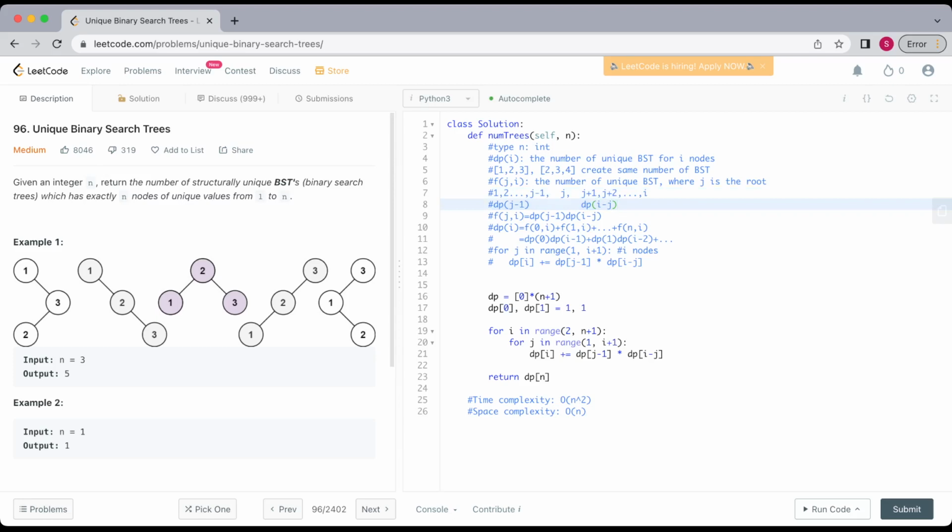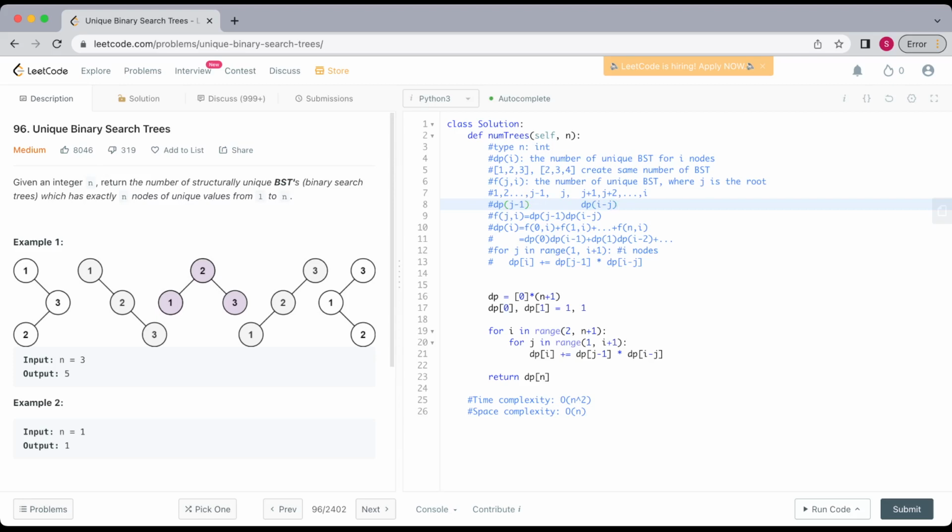Firstly, if we fix one left subtree, then we can have dp[i minus j] choices to form the entire binary search tree. For any left subtree structure, we have dp[i minus j] choices as the right subtree.